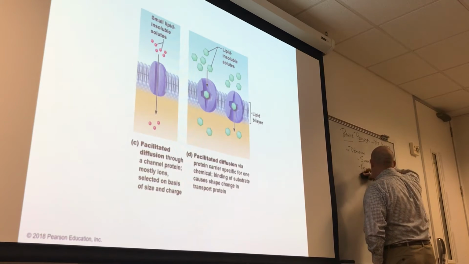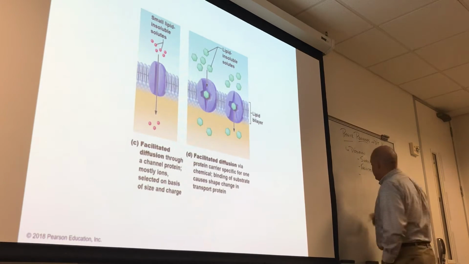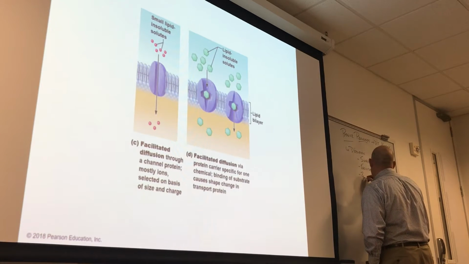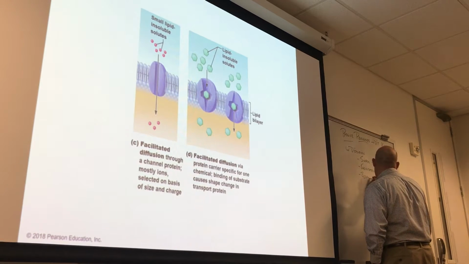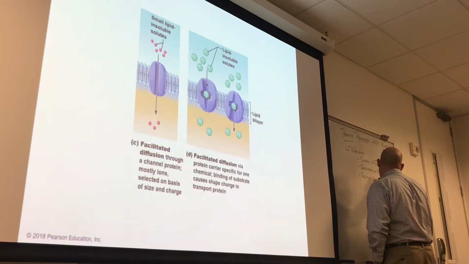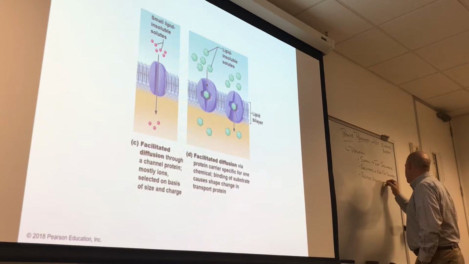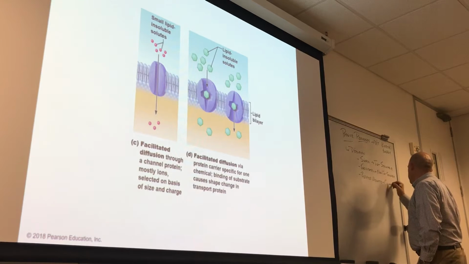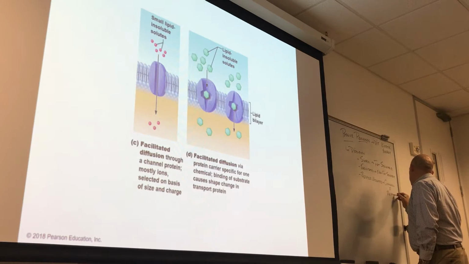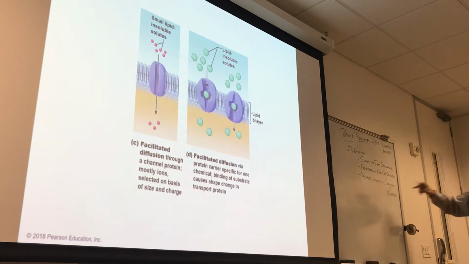Is the channel always going to be a protein channel? Always. Yes, ma'am. And receptor mediated is when we use a channel with a receptor. C with a line over it always means with.